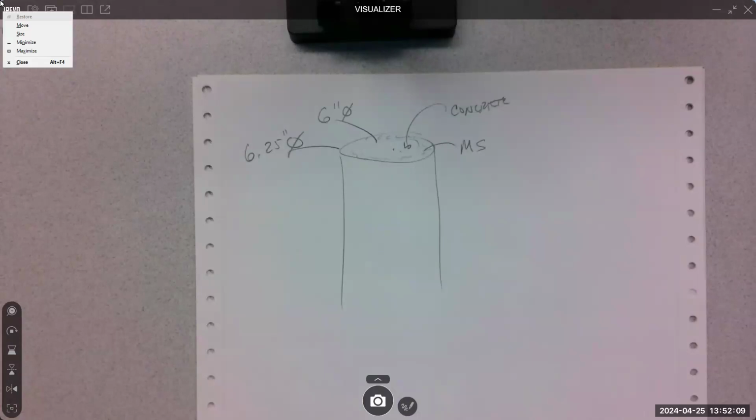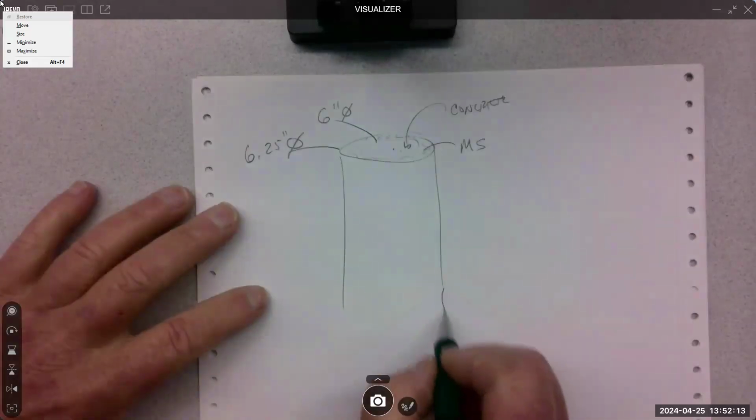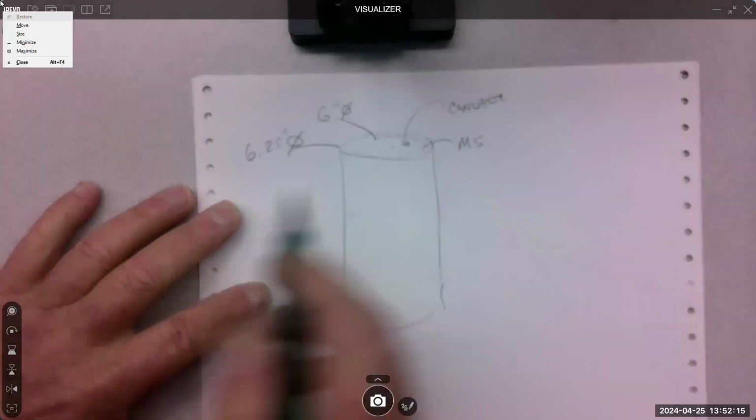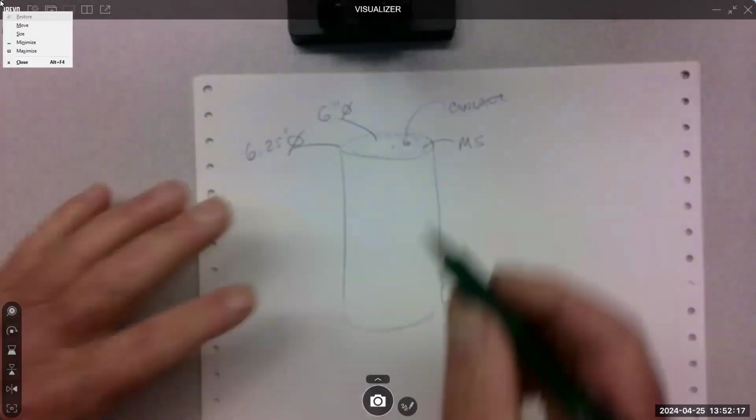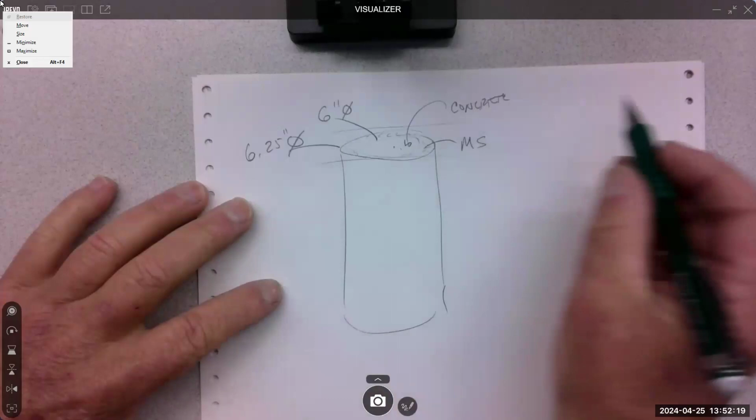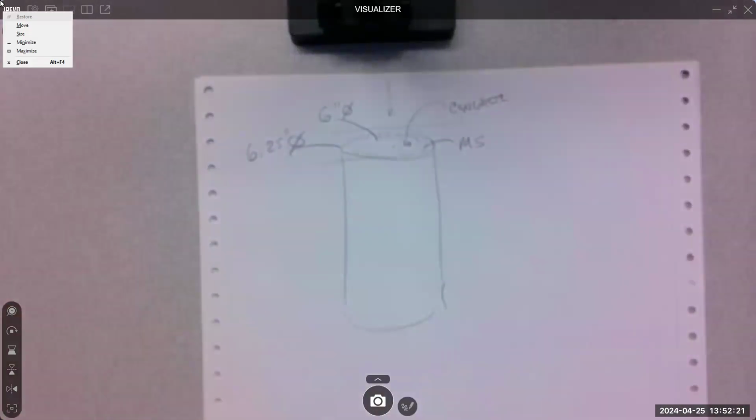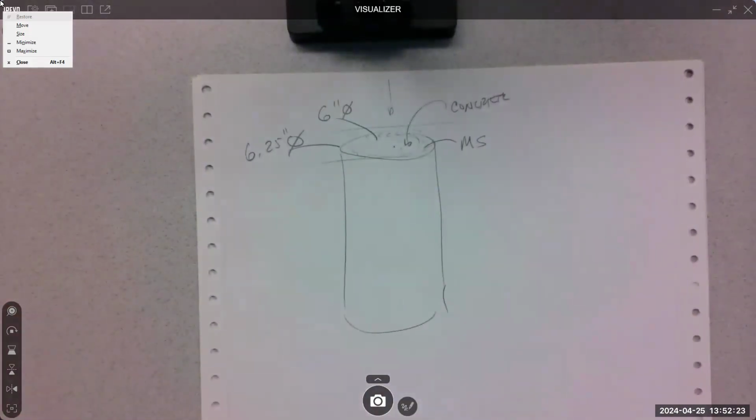There's only one that we do in this book, and it's by far the most common. And that's the condition of a column, essentially, where the top is perfectly loaded, the whole thing is loaded. So not just part of the concrete and part of the steel, but we have a plate or a cap, and it goes over the column, and then we load it.